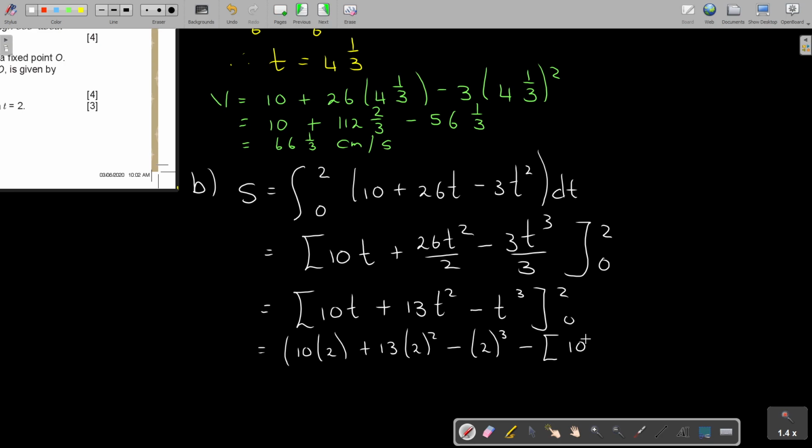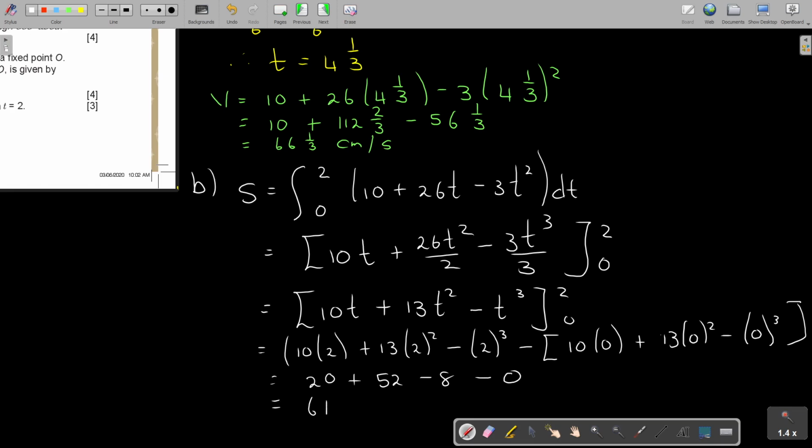So this is 10 times 0, plus 13 times 0. Don't always just think it's 0, especially in further integration. Maybe here. So this is going to give me the 20 plus the 52 minus the 8 minus that 0, and that's going to give me 64 centimeters.